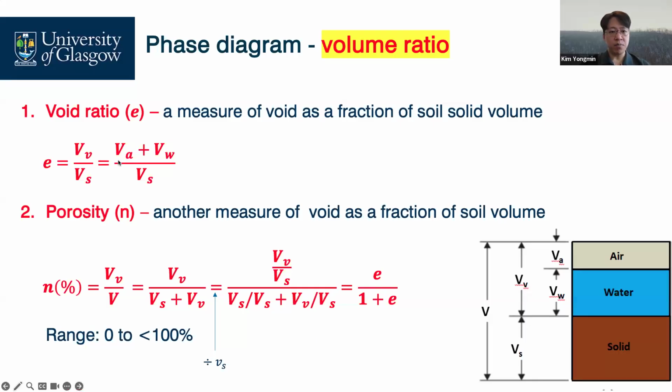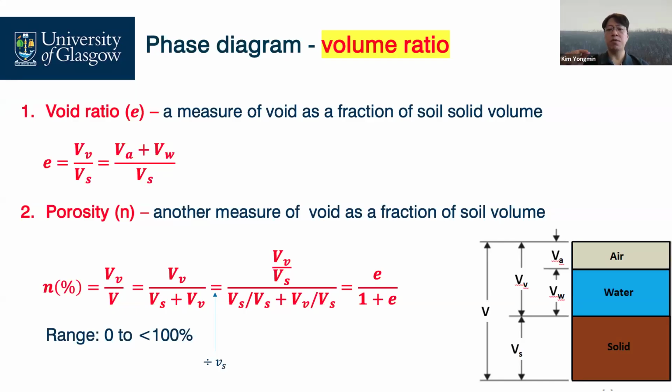The VA plus VW is the void volume divided by soil volume. It quantifies the void volume against soil volume. And porosity is similar, but a bit different.